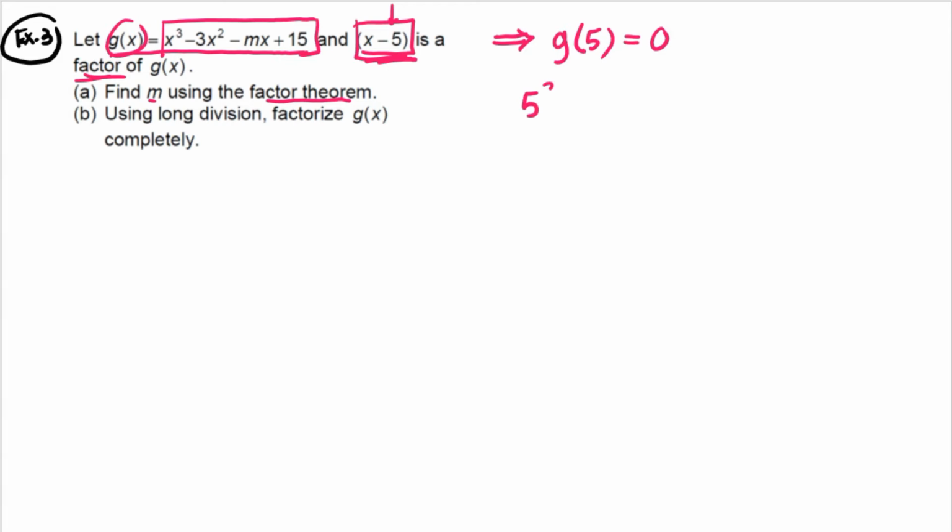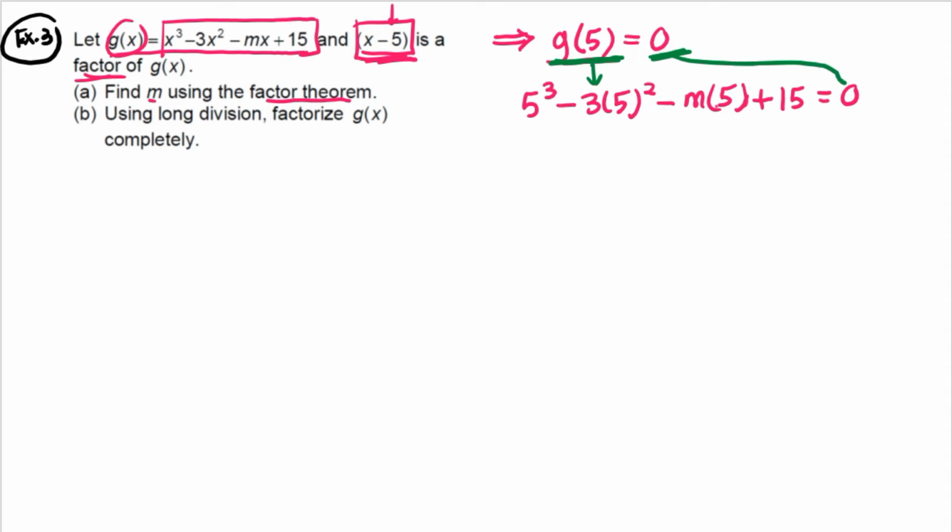So you have 5 to the power of 3 minus 5 to the power of 2 minus m multiplied with 5, and then plus 15. You get this equal to 0. This part is actually g(5) and this part is actually 0. Now you simplify this using the calculator. You get negative 5m plus 65 equal to 0.